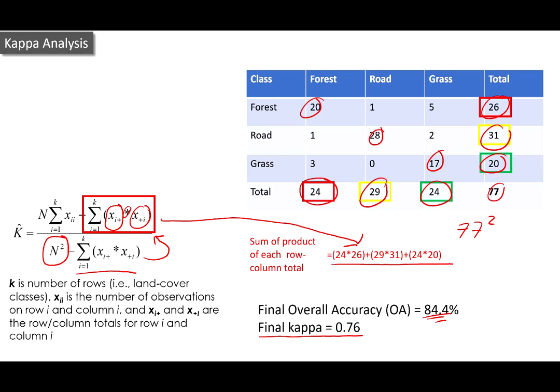Kappa is always expressed as a fraction, so it's fairly comparable to the overall accuracy, but you express it differently. You just think about it as, how much lower is that kappa than the overall accuracy? And it's dependent on two things: how good you are at the classification and how many classes there are, more or less. That's it.